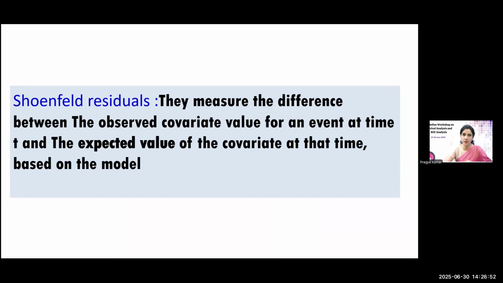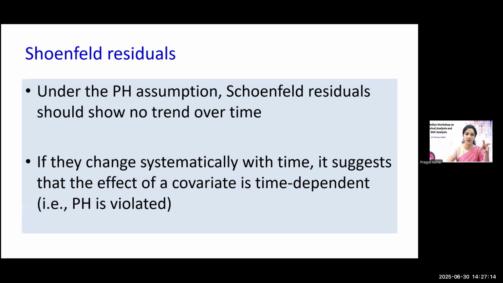Basically, it works on the calculation of observed and expected value. It measures the difference between the observed covariate value at a particular time and the expected value of that covariate at that time. Under the Schoenfeld residual, that observed minus expected will not show any trend with time.